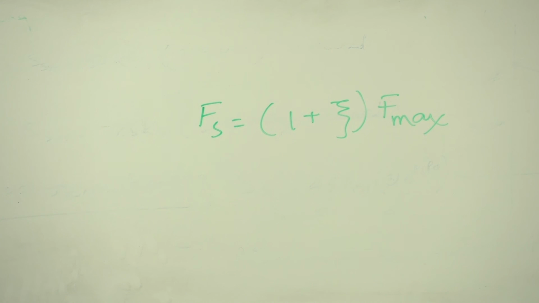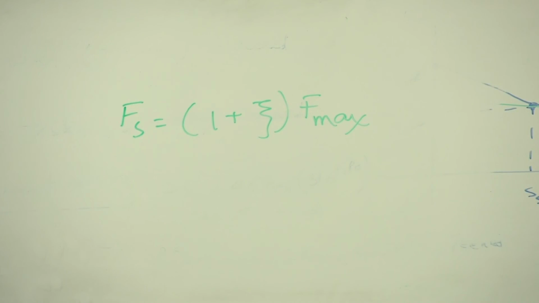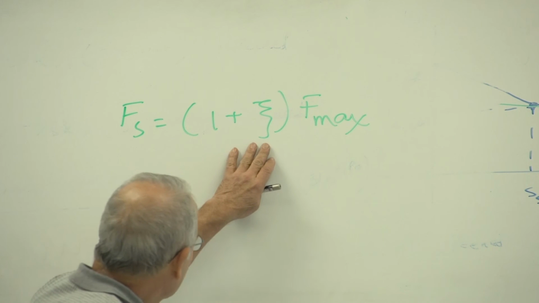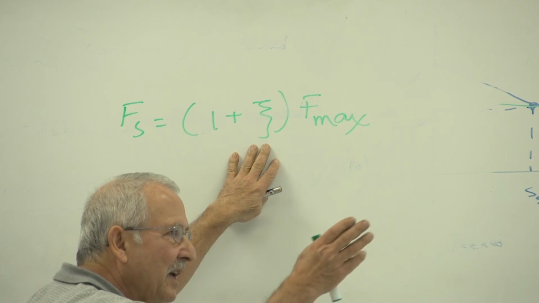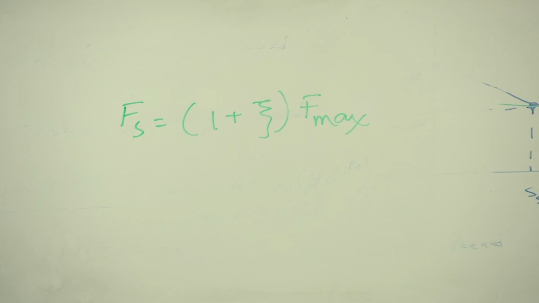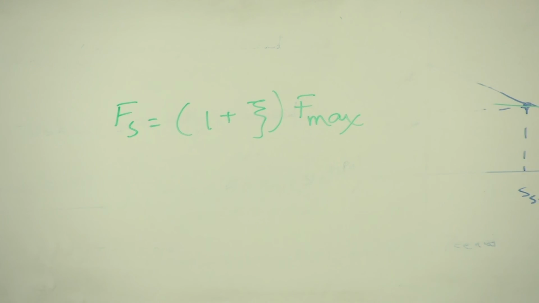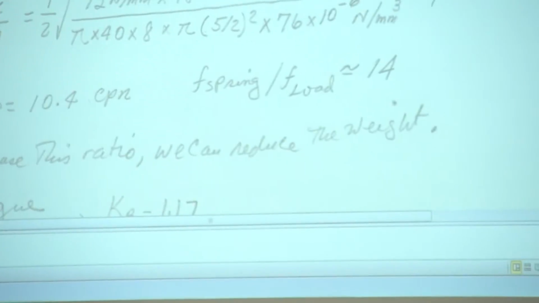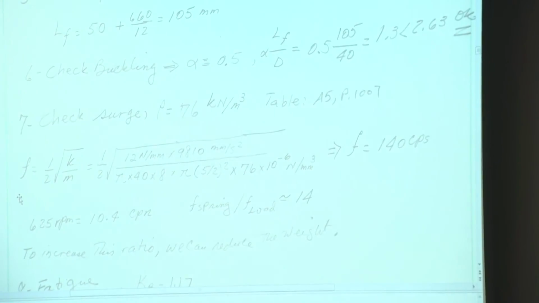The force at solid height should be somewhat larger than that of the maximum force applied. And your book says this is 15%. In this case, I've taken it as 10%, just to show you that these can be different. So the force at solid height is 1.1 times the maximum force, which was 600 newtons, given.